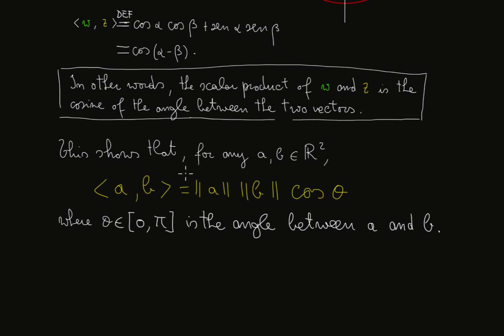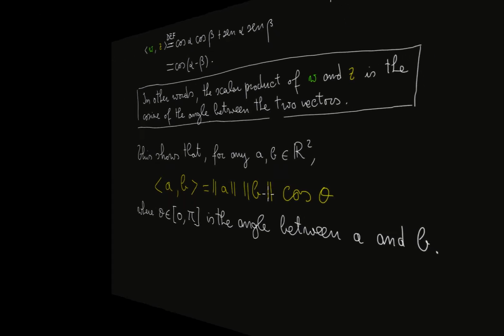So plugging in the value for the scalar product of the norm 1 vectors, which we have just shown to be cosine of theta, we prove this equality. So it is cosine of theta, and this is the scalar product of A over norm of A and B over norm of B, multiplied by norm of A times norm of B.